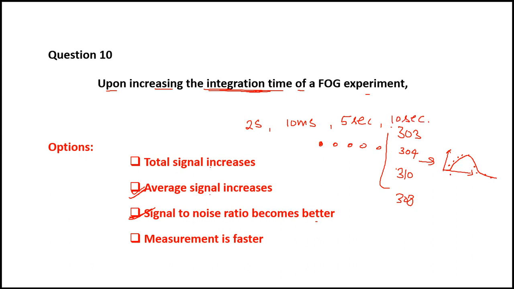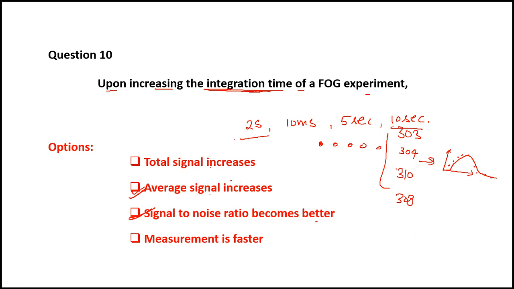Although, because you cannot run the same experiment for a longer period of time, you need some optimum integration time. So you decide somewhere in between this range, not much more time, not much less time, so that you get a better signal which has better signal to noise ratio.